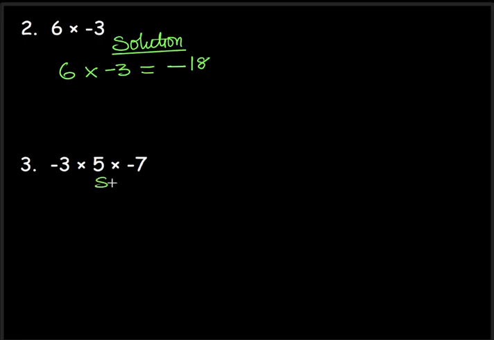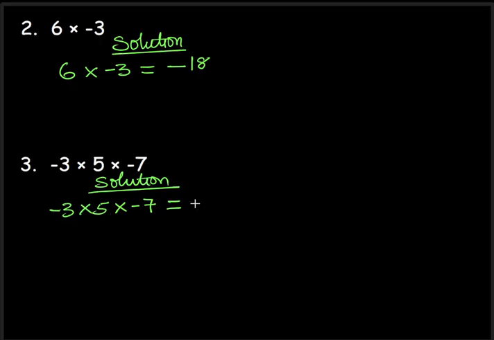And then coming down here, solution, this will give us minus 3 times 5 times minus 7. So we'll take it one after the other. We'll multiply minus 3 times, of course, plus is here, minus 3 times plus 5.